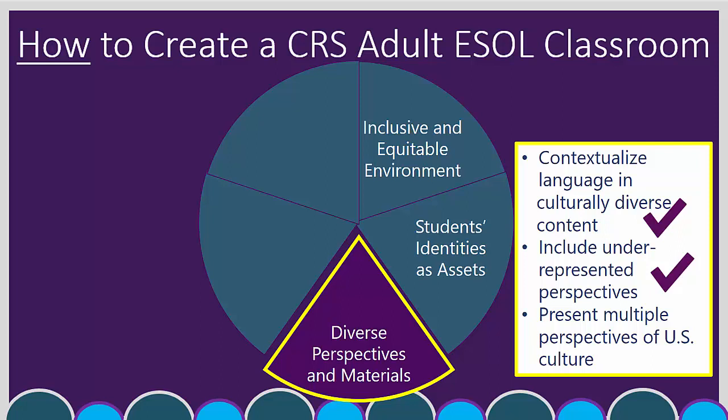They share success stories of immigrants and people from other countries, particularly where the success includes an affirmation of the individual's culture. CRS teachers include diverse perspectives of U.S. culture as well, so that students learn not only about the dominant culture, but also about the many cultures that make up the U.S. culture. This provides a more accurate picture of the diversity within U.S. culture and allows learners to see themselves as a part of it.